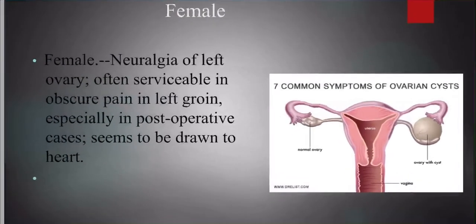And then usually in the post-operative cases, a person has some cyst or fibroid or whatever in the ovaries, all those complaints after getting operated, the neuralgia starts. And after the neuralgia, finally it's going to land up in the heart. It seems to be drawn to the heart. Neuralgia of left ovary, it seems to be drawn to the heart is what you need to remember.